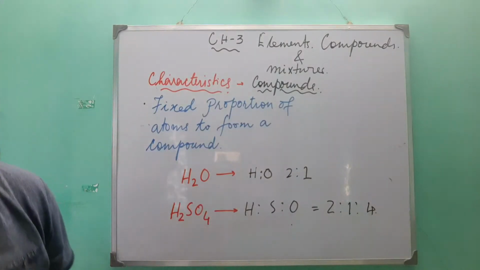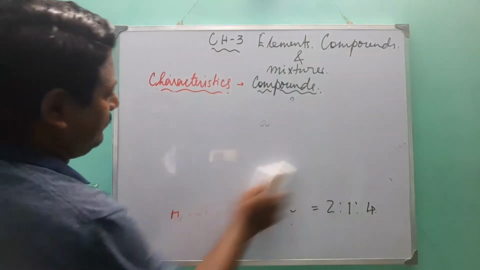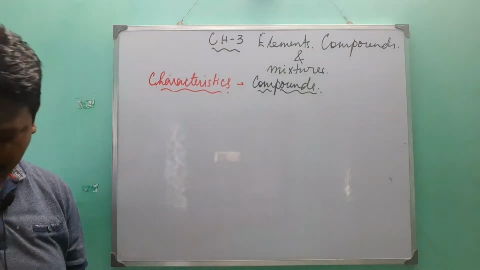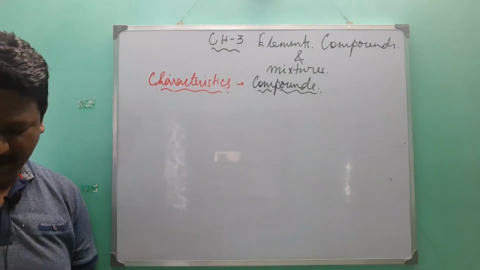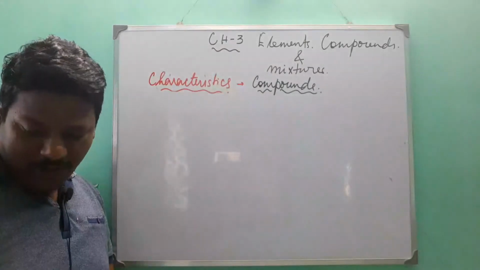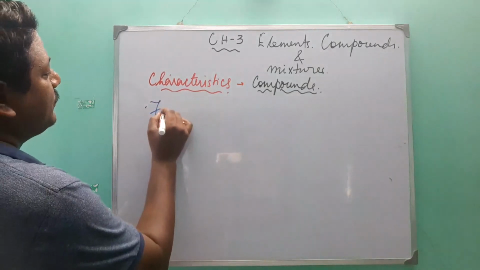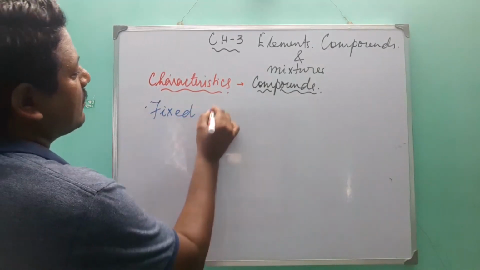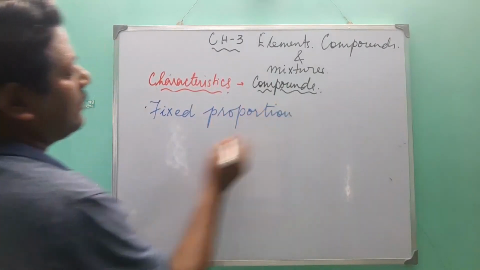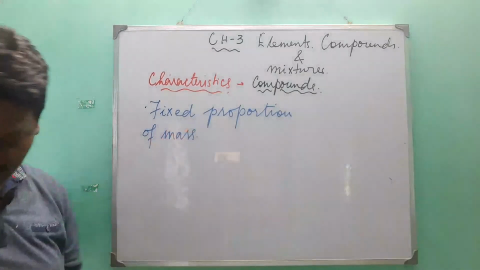Let us learn the fourth characteristic of a compound. The fourth characteristic is that a compound contains the constituent elements in a fixed proportion of mass.